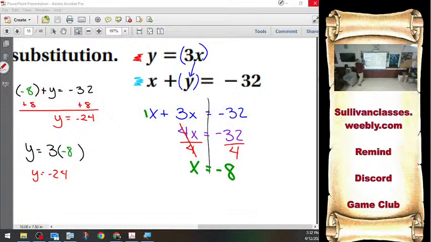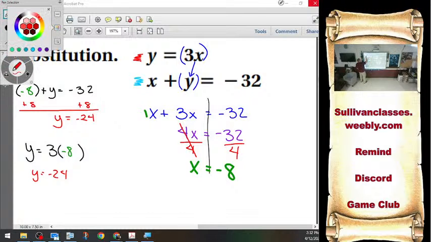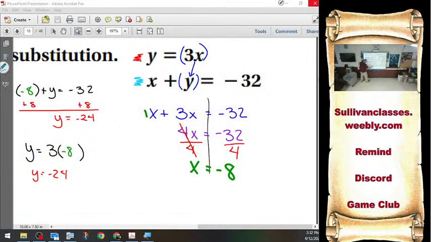Okay? So at the end of this, we're going to write our answer. Our answer is still a coordinate. Negative 8, negative 24. That's where these two lines would have crossed if I graphed them. I want you to think about that. Down at negative 24, did you really want to graph that?